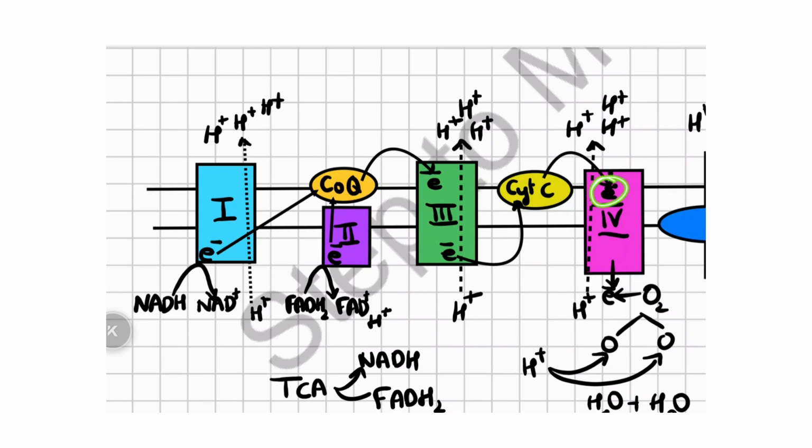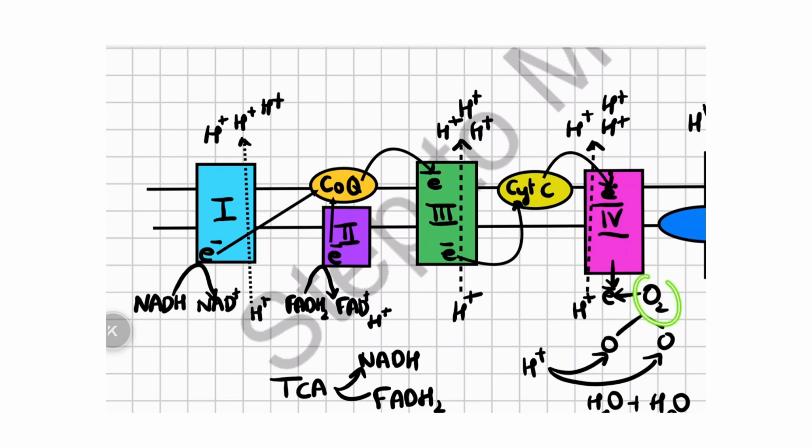Again, the electron undergoes multiple redox reactions and gets supercharged, and once it's supercharged, it moves the protons from the matrix into the intermembrane space. Now the question is, where does this electron go? The electron finally exits the entire complex system, enters the matrix, and oxygen accepts this electron as the final electron acceptor.